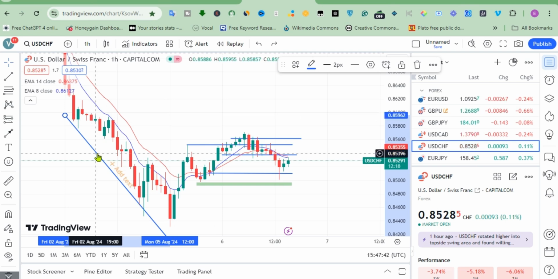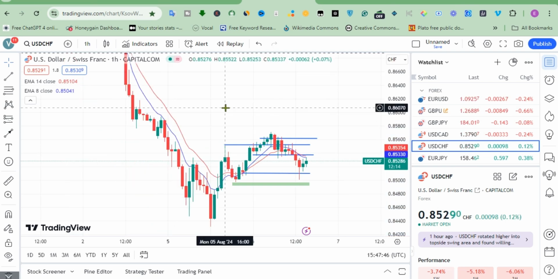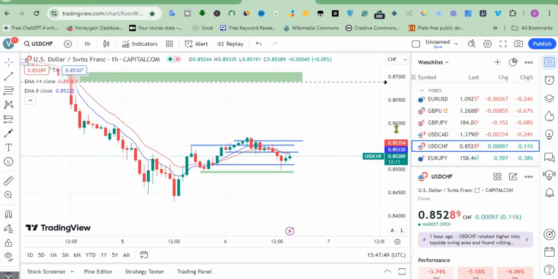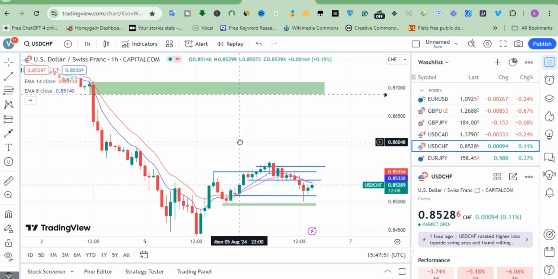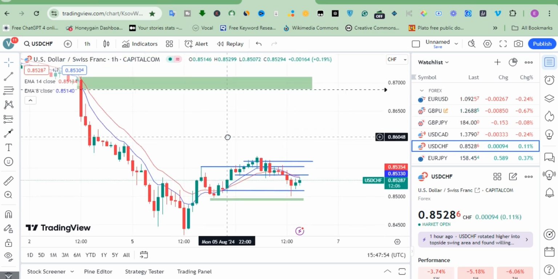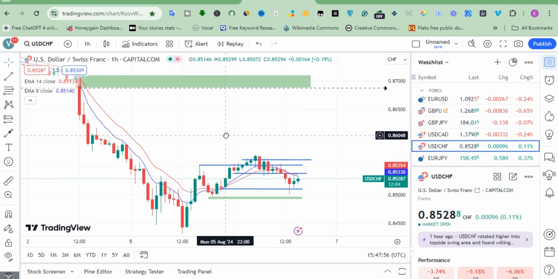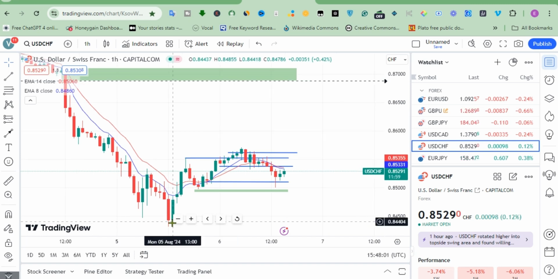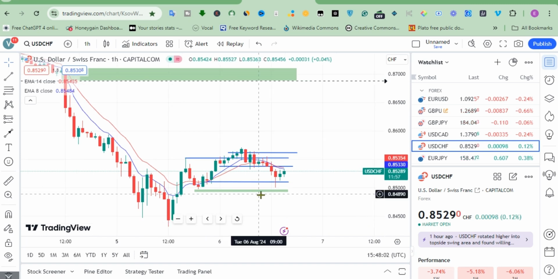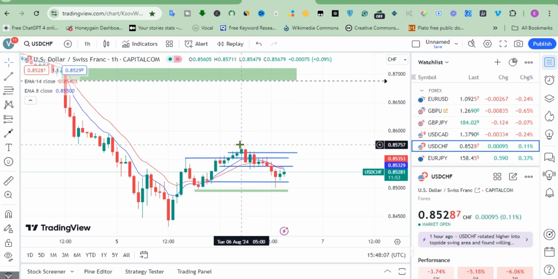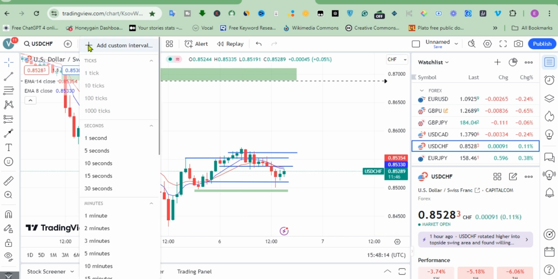Now you can see, let's see what is happening there. This is USDCHF, that's US dollar against Swiss franc. I've already drawn all these lines. Let me just follow what I do here. So you can see now, price came down here, moved up with this angle. Moves up, what happened? Goes down here.